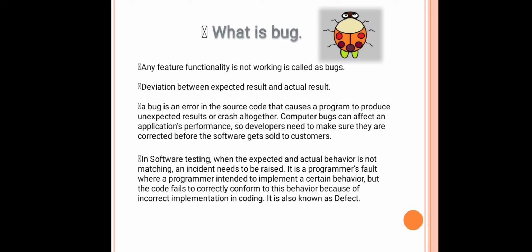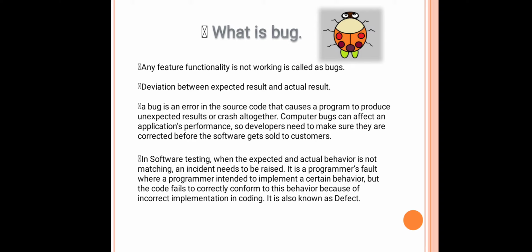Means, the developer will develop the application as per the customer requirement. We have to follow some methods, and after that we correct the bugs in the program or application. Then after that we give the product to the customer.